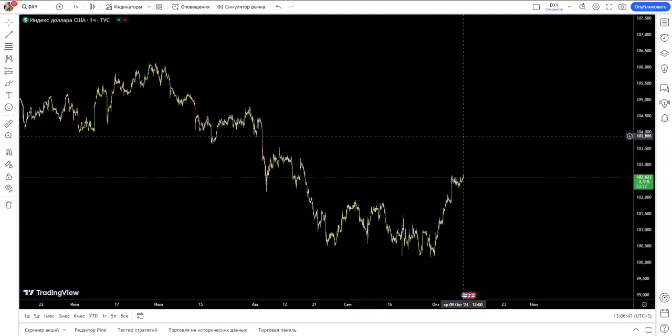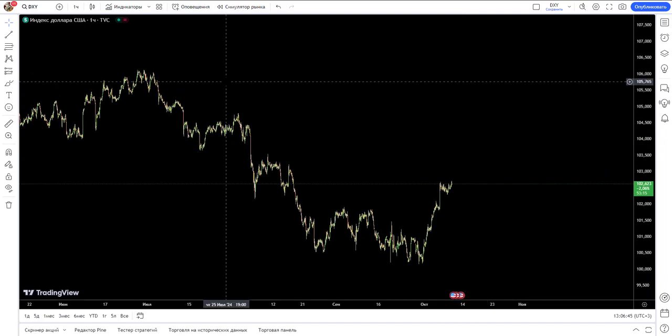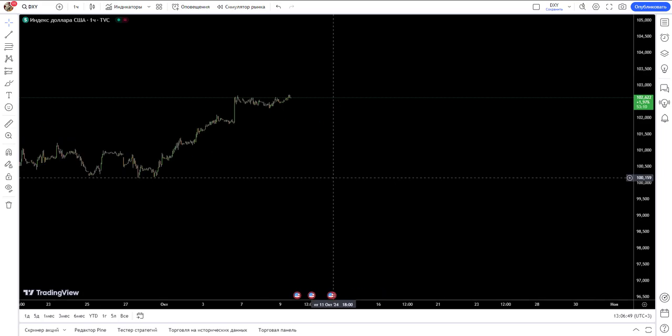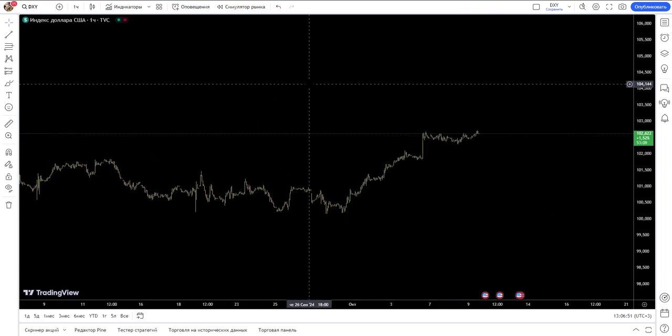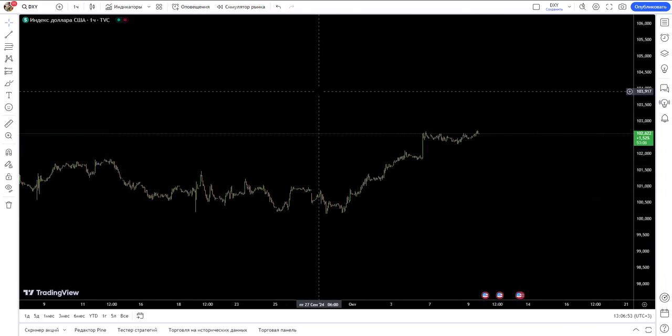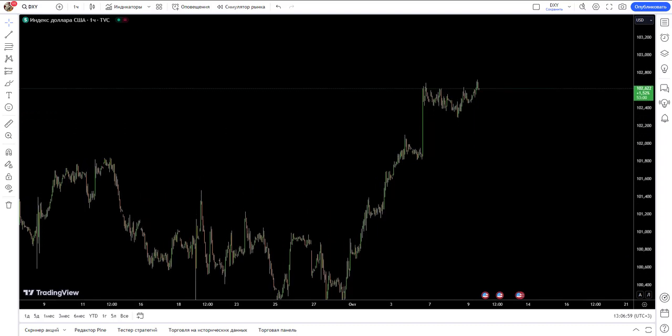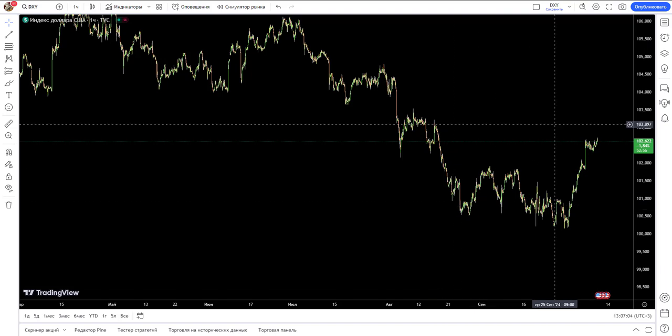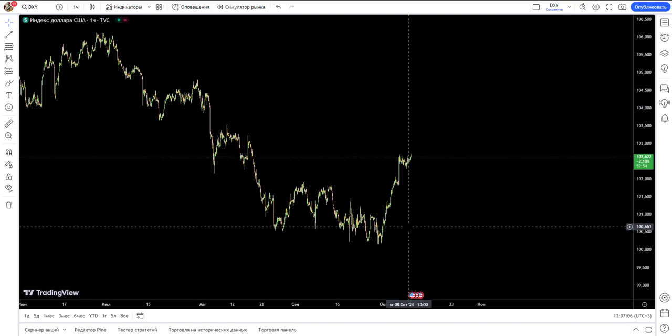Now we look at H1. What do we see at H1? This is also a channel, but it's almost a non-retracement channel. See how it grows? It grows before strong news at USD.